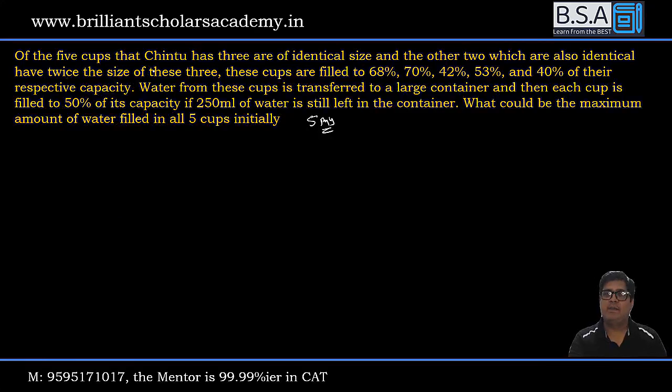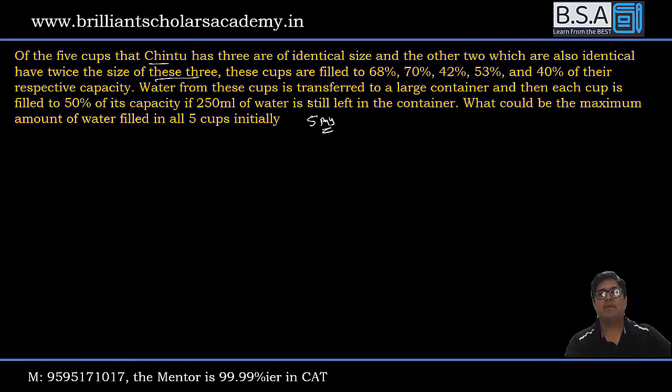Of the 5 cups that Chintu has, 3 are of identical size, and the other 2, which are also identical, have twice the size of these 3. The cups are filled to 68%, 72%, 42%, 53%, and 40% of the respective capacity.